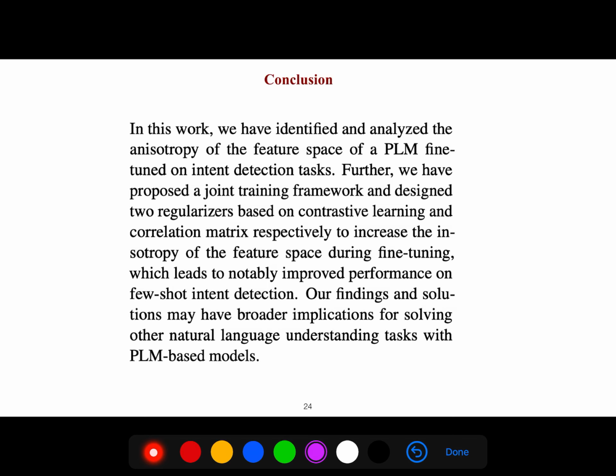Further, we have proposed a joint training framework and designed two regularizers, based on contrastive learning and the correlation matrix respectively, to increase the isotropy of the feature space during fine-tuning, which leads to notably improved performance on few-shot intent detection. Our findings and solution may have broader implications for solving other natural language understanding tasks with pre-trained language-based models.